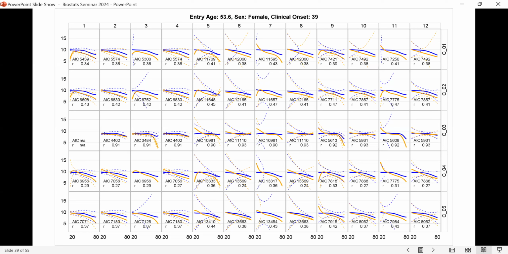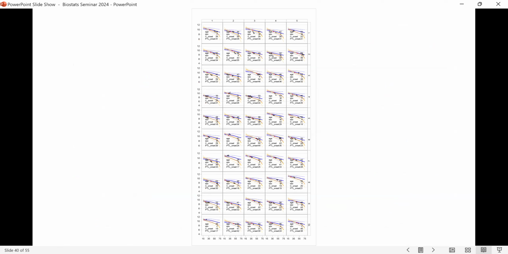If you look at some of them, there is too much wiggle, which means it overfits the model. Some have a confidence interval that is too wide, and we dump those. At the end, that's what we pick.